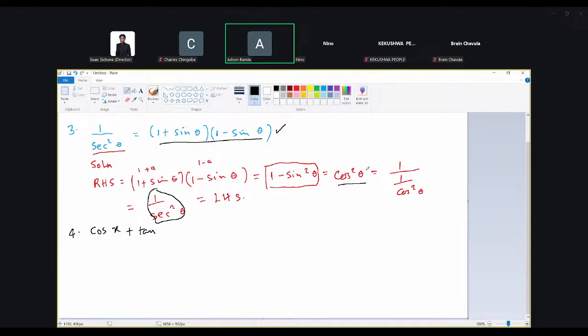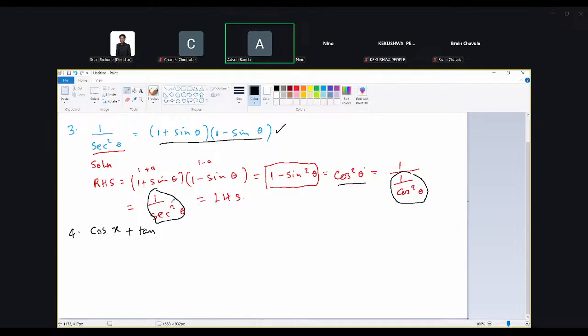So you can see that at this stage, when we have 1 over cos squared theta, what I wanted was the left-hand side, which has a sec squared theta. And I know how to get sec squared theta. It is this. So that is how I've written it. And I was saying that 1 over cos squared theta is the same as sec squared theta.